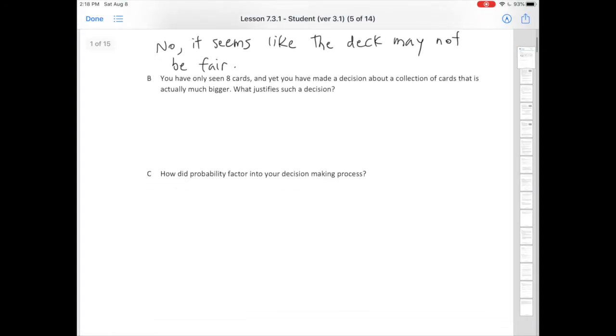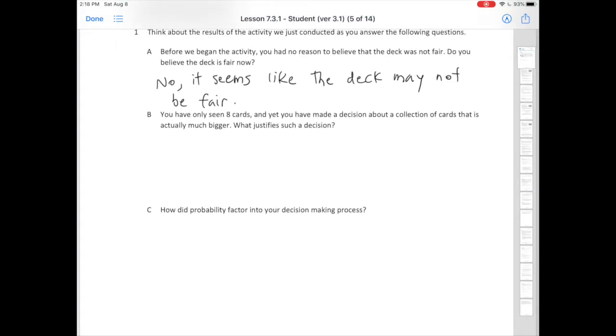So, you have seen only 8 cards, and yet you have made a decision about a collection of cards that is actually much bigger. What justifies such a decision? So, understand that we didn't see the whole deck. We only saw 8 cards, right? And so we're making a decision about the entire deck. So why are we allowed to do this? Well, we drew the cards randomly, didn't we?